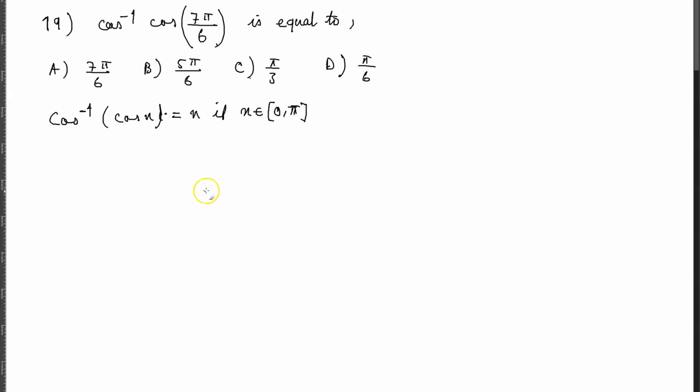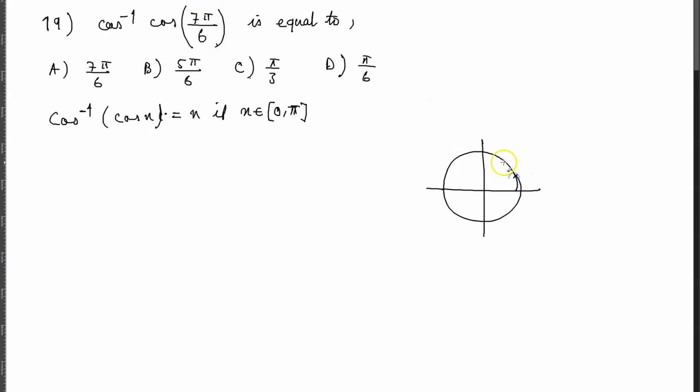Right? So what that means is that 7 pi by 6 is some angle which is pi plus pi by 6, meaning that your angle is some angle over here. Pi by 6 is 30 degrees.